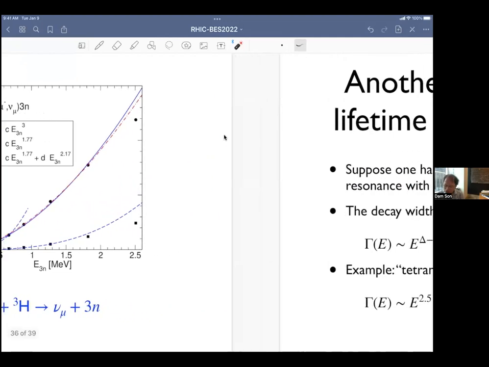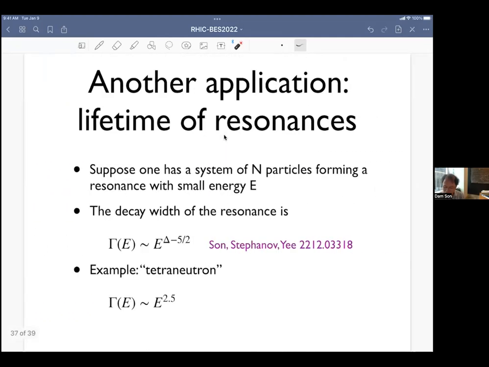Okay, let me tell you one more thing. Another application of non-relativistic conformal field theory is that we can predict the width of decays of n particles that form a resonance with small energy E. Imagine that we have a certain number of particles, say 4 particles, with some interaction between them that we don't know.